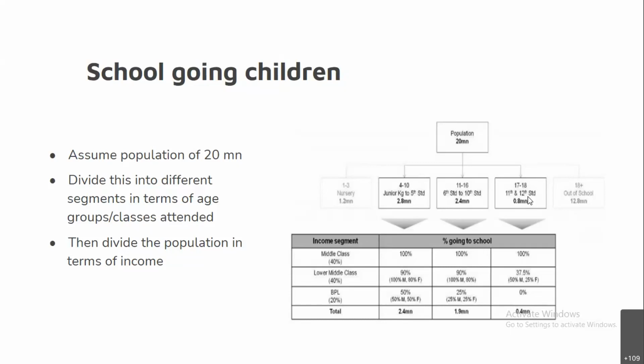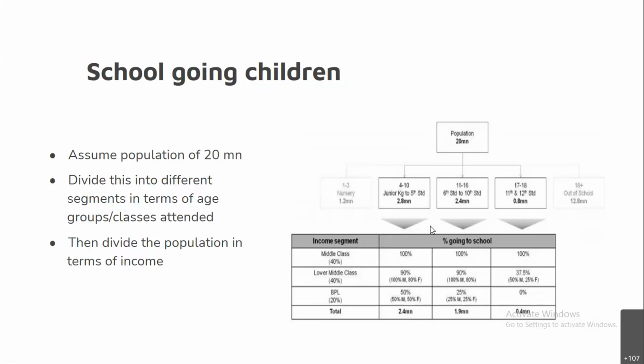Why you're taking these percentages, you don't really have to explain, but you just have to specify what the percentages are, because you've already explained why you are segmenting it into this many segments and why the segments are there. Once you've done that, you can assume the size of the segment as anything, not anything, but it needs to be somewhat relevant. But you don't have to go into detail on why the 4 to 10 age group is 2.8 million in particular.